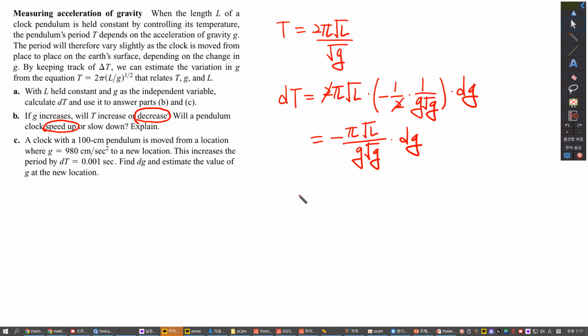dT is 0.001. So let's say 1000, and the clock's length is 100 centimeters. So the square root of L is 10, and g is 980.